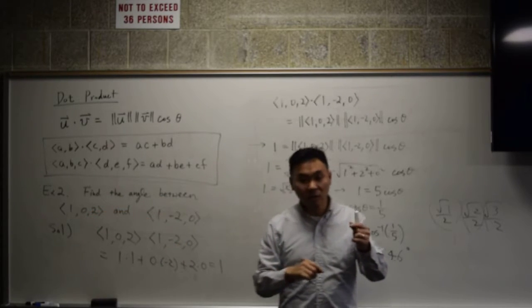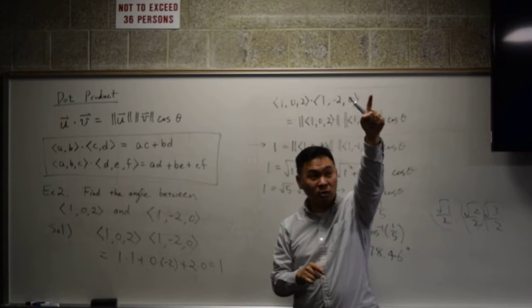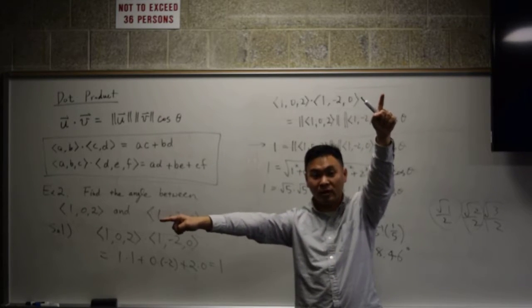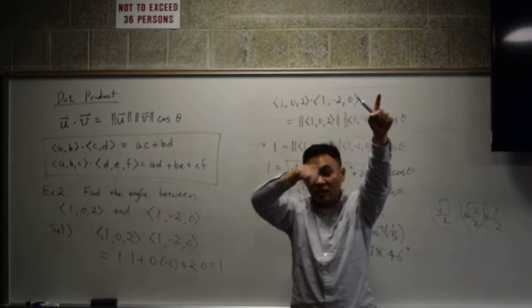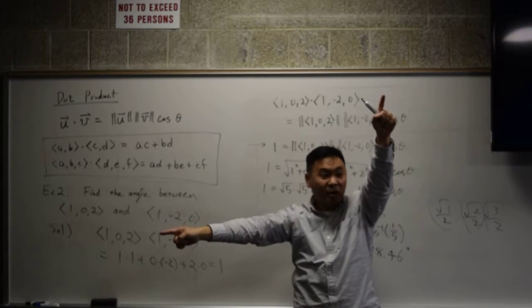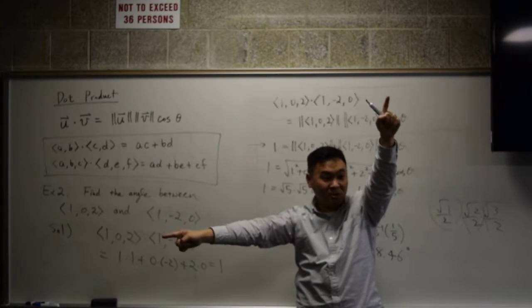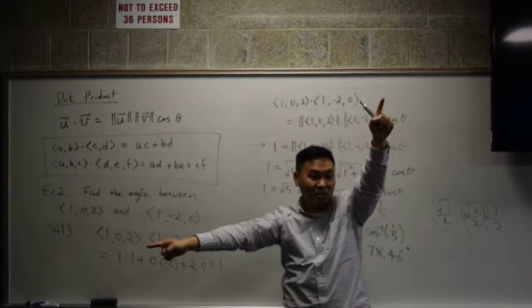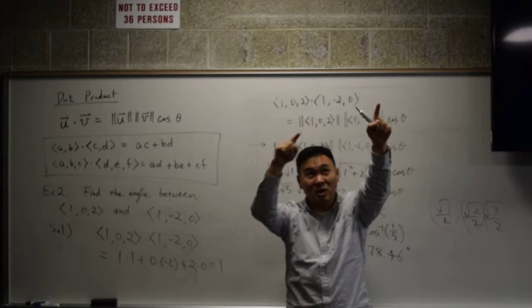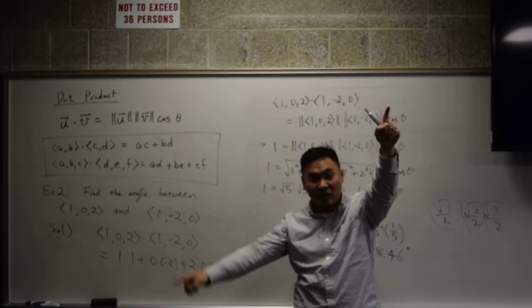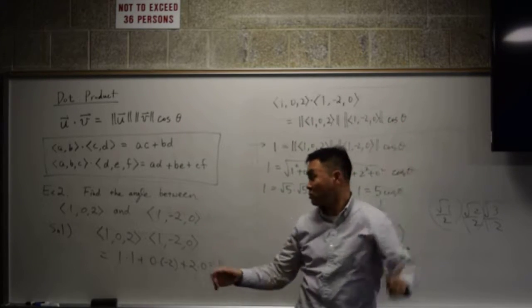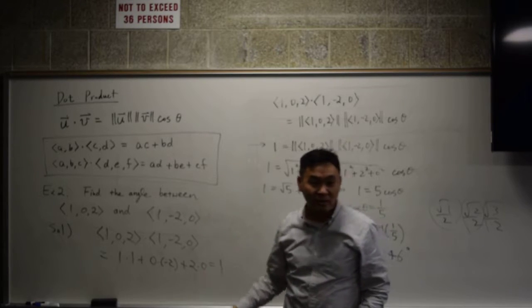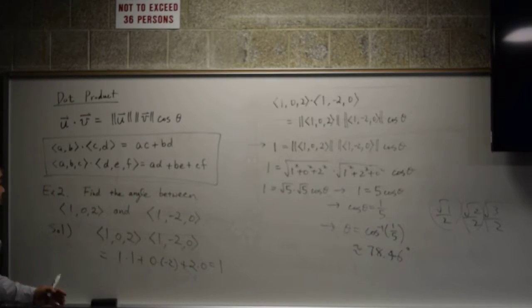So basically, I have a vector that's pointing that way, another vector pointing that way. And I'm trying to figure out this angle. It will be hard. If you try to do it without the dot product, you will have to use some kind of trigonometry. And I guess you will probably need to use the cosine law at some point. But using the dot product is much better. So you can see the usefulness of the dot product.